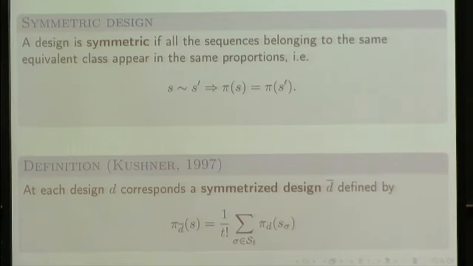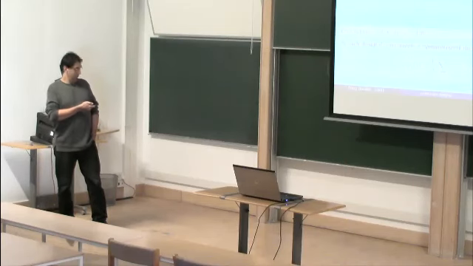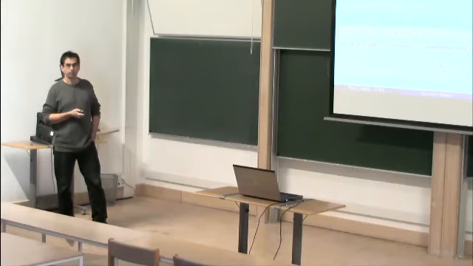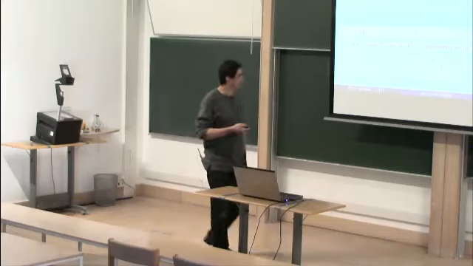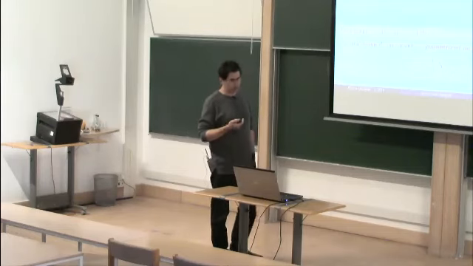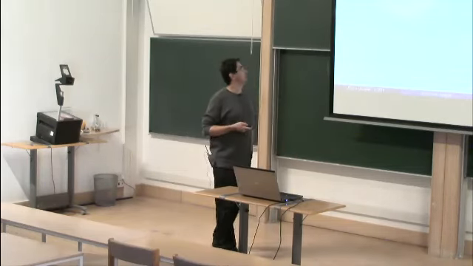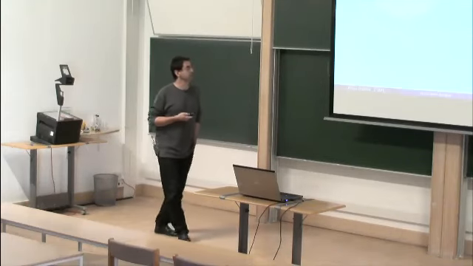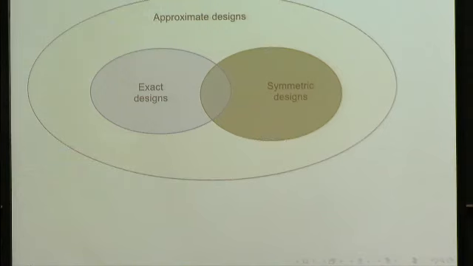From a design D, we can obtain a symmetrized design D bar just by averaging over all the possible permutations. If you average the design over all possible permutations, you obtain a symmetric design, which is a symmetrized design from D. So in our optimization problem, we now have a new set of designs, which is the symmetric designs.